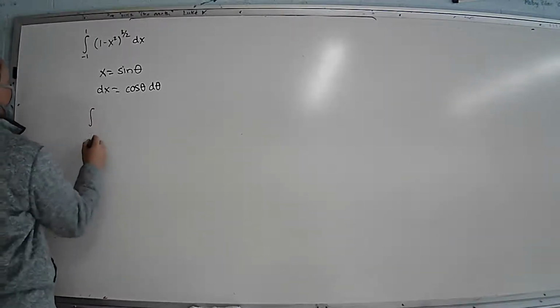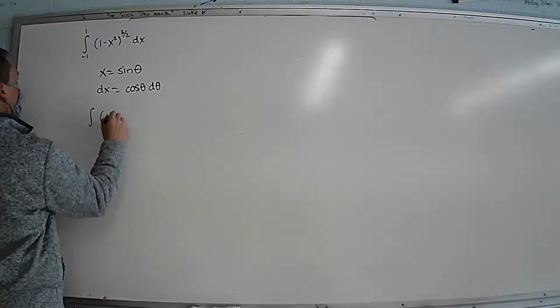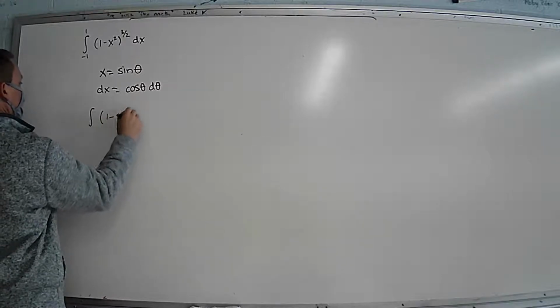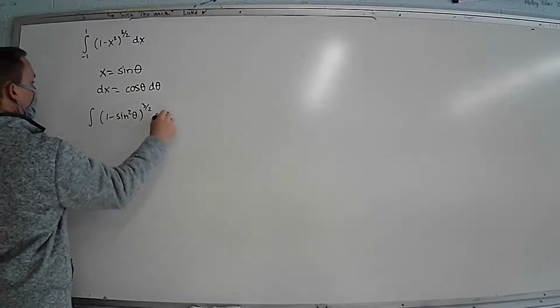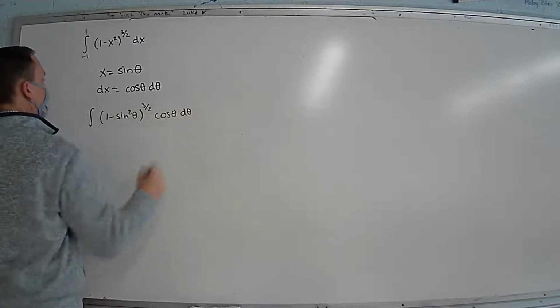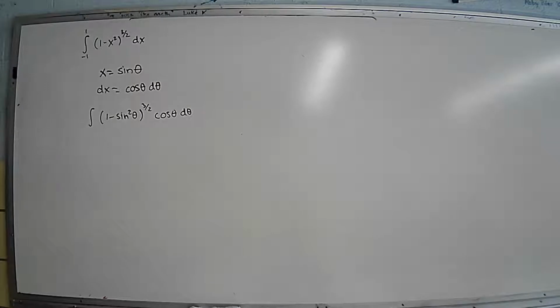All right, so here we go. This is the integral of 1 minus sine squared theta to the 3/2 times cosine theta d theta, right?